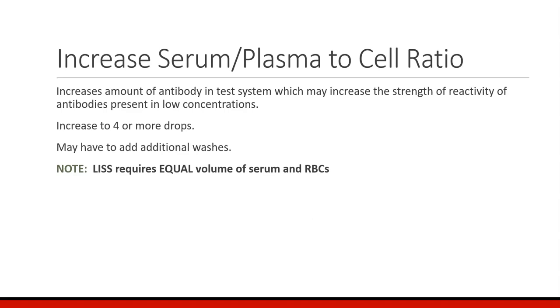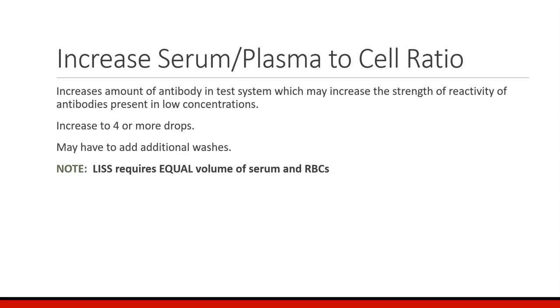You can increase the serum to cell ratio by 4 drops or more. You may have to add additional washes because what's in the serum or plasma? Protein. What will cause neutralization of your Coombs serum? Protein. So whenever you increase the amount of plasma or serum, I always add an additional wash.